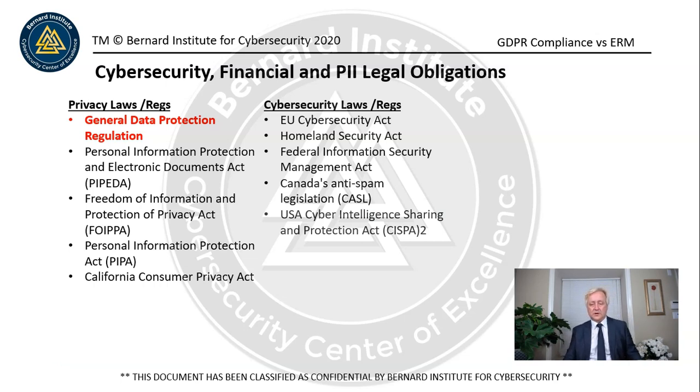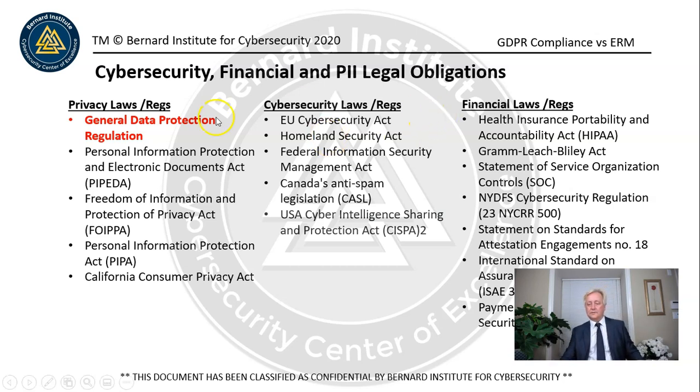So all those frameworks come from the FISMA Act. Canada's anti-spam legislation, CASL. We have the U.S. Cyber Intelligence Sharing Protection Act. We have many acts. They all overlap. They all try and protect information in some way. A lot of it touches on humans.